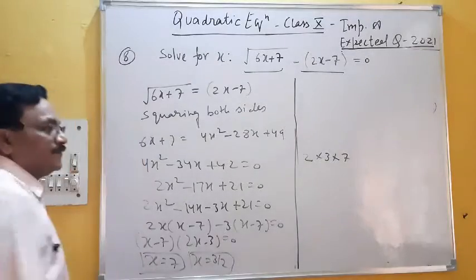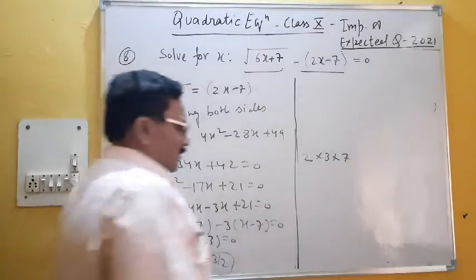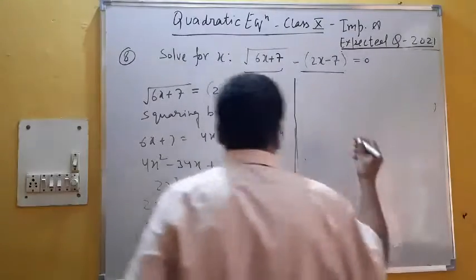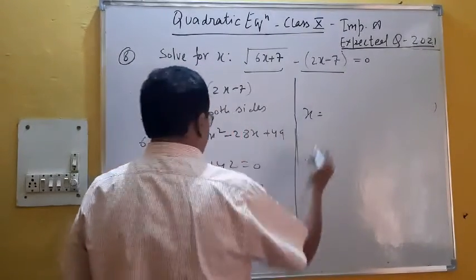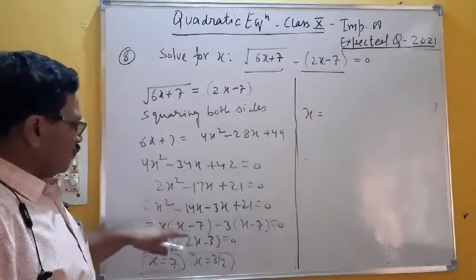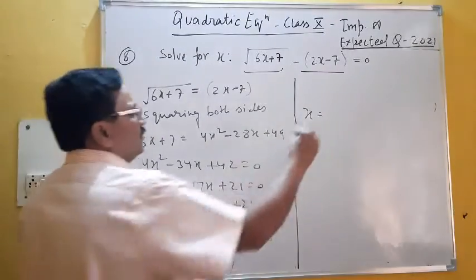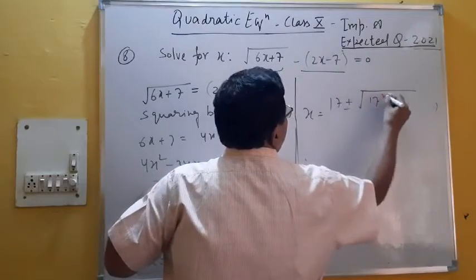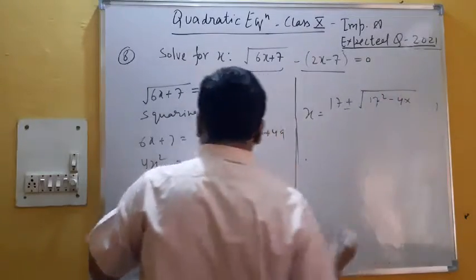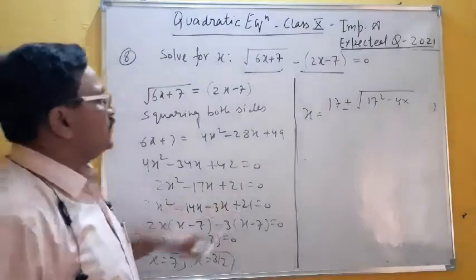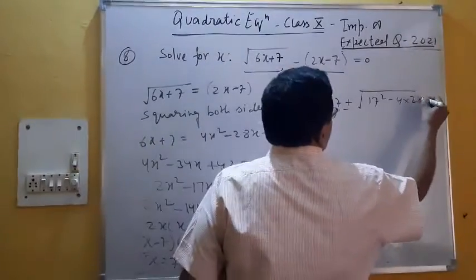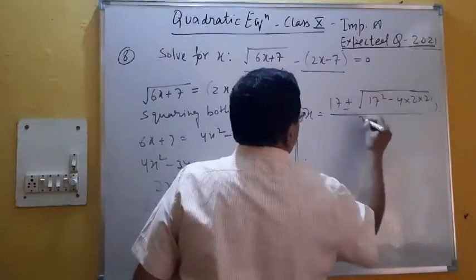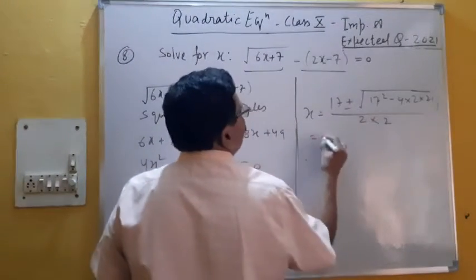Okay, again if you want to solve by the quadratic formula, then x equal to minus b, what is b? Minus 17. So this is 17 plus minus the square root of 17 square minus 4 into a, where a is 2 and c is 21, that is 4 into 2 into 21, upon 2a, 2 into 2.